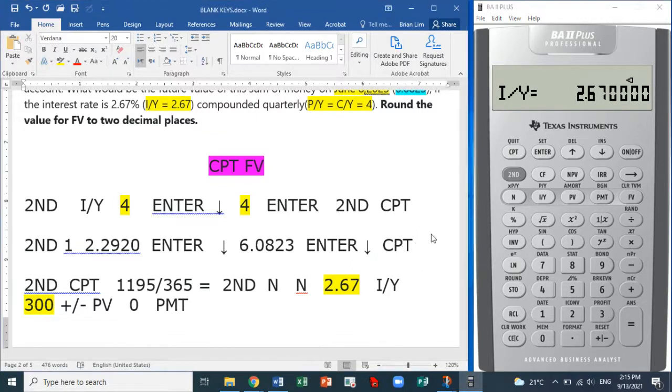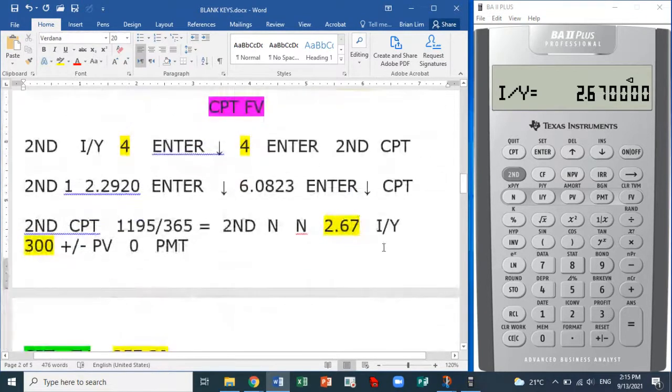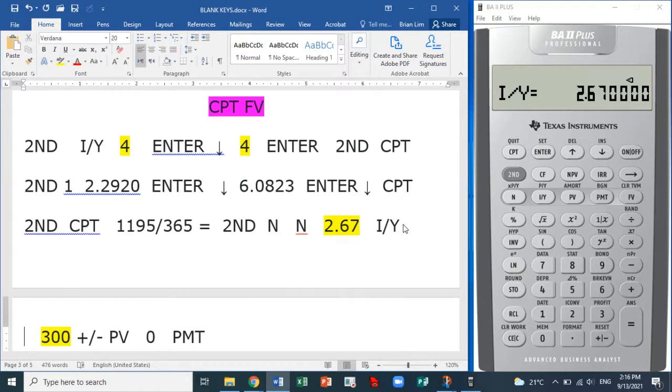All right, so how much money was put in? 37,700. Okay, so let's go down and we can go over maybe to the next page. 37,700. Was that the number?